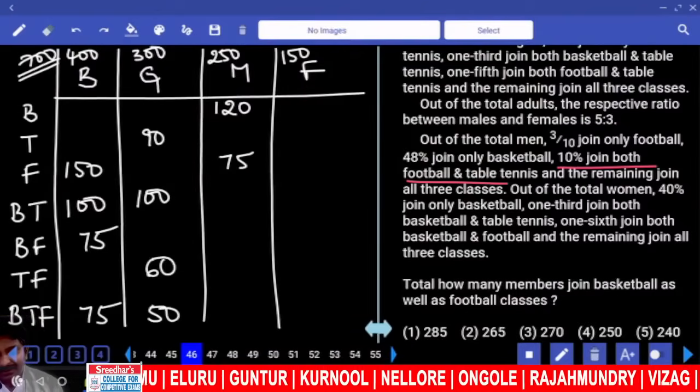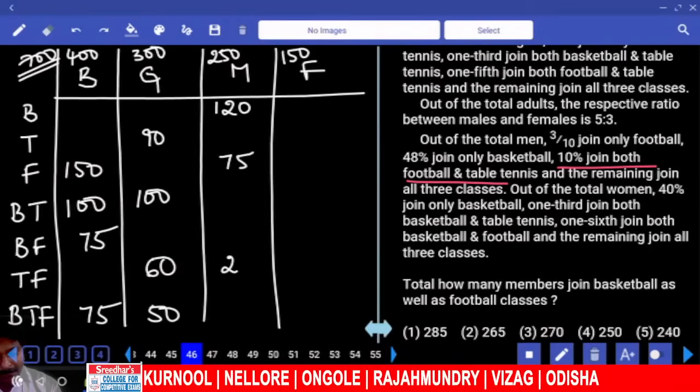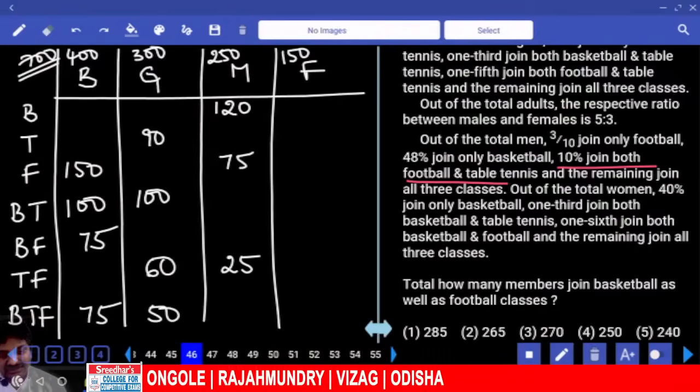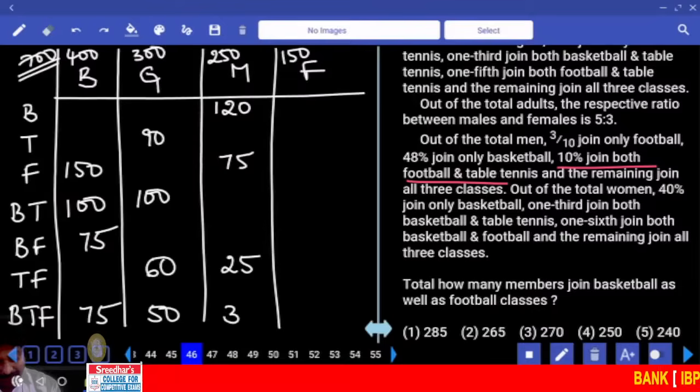TF. How much? 10% is 25. Remaining join all three classes. 25, 75, 100 plus 120, 220 plus how much will give you 250? 30 are in all three.